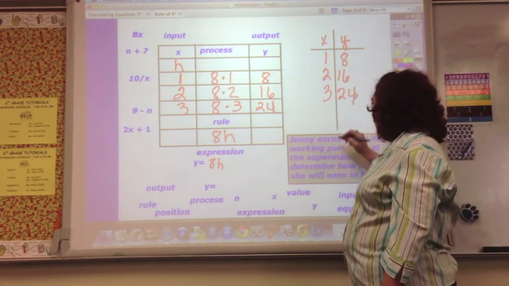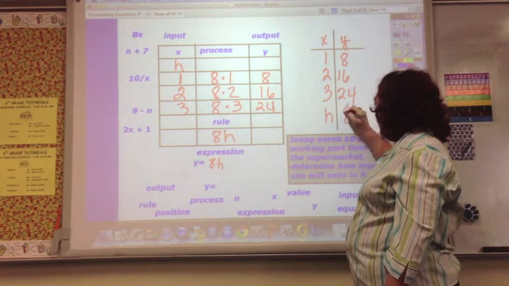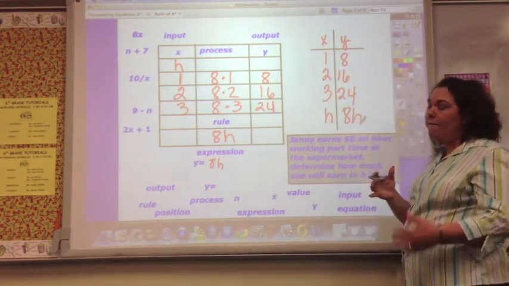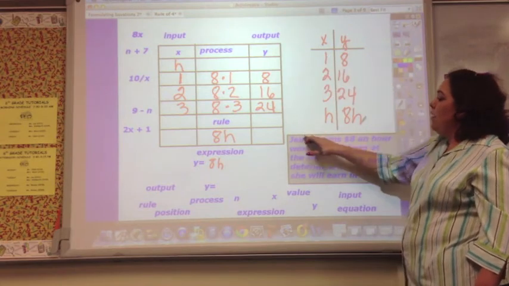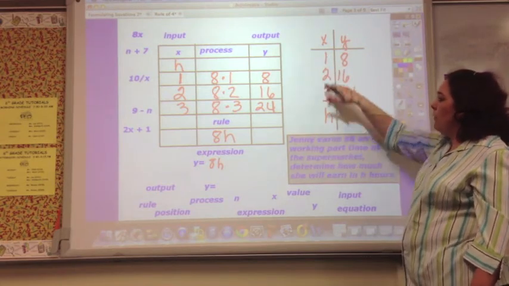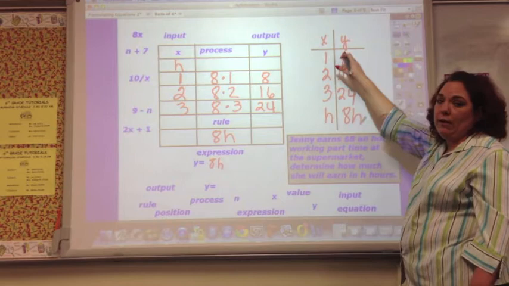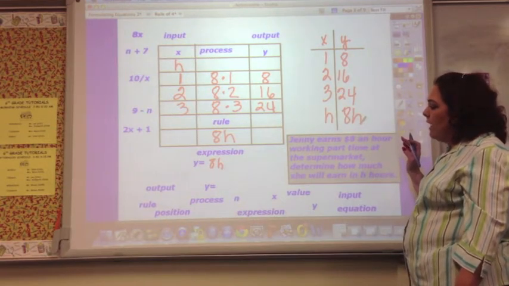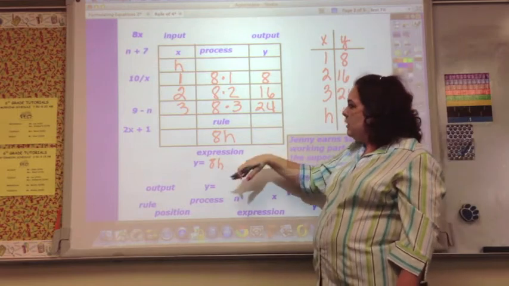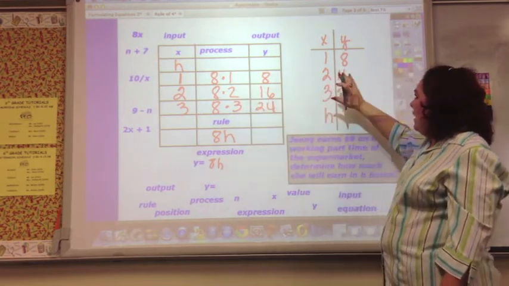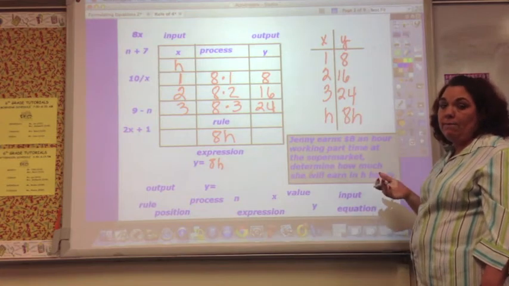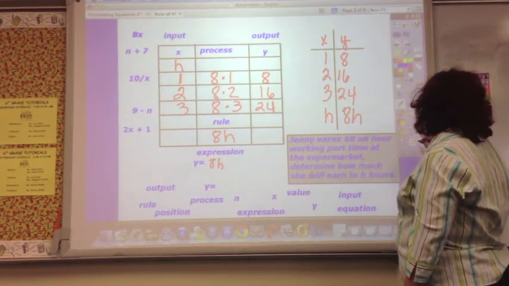And h is 8h. Okay, but on the coordinate graph, you would plot 1 over 8 up, 2 over 16 up, 3 over 24 up. But we don't have a graph here, so really we only have the expression, the table, and the situation. So we don't have the fourth piece, the graph.